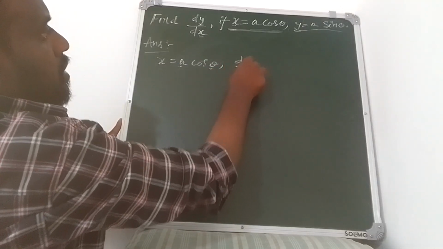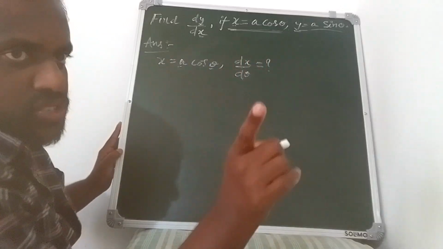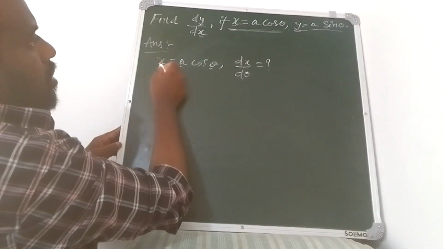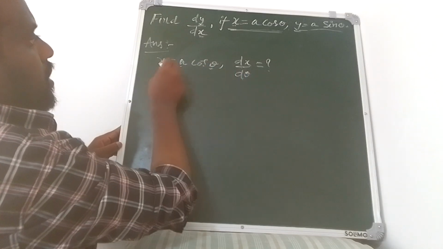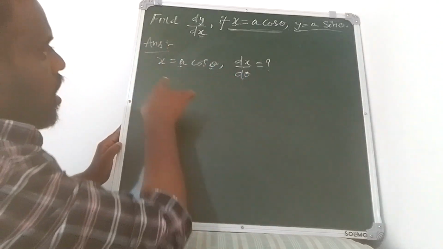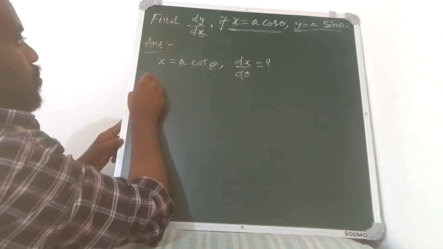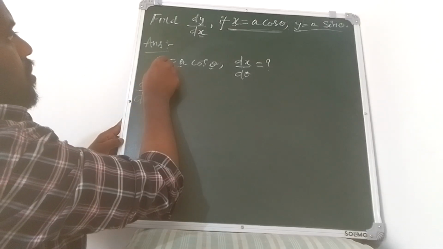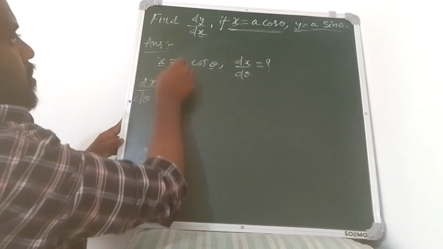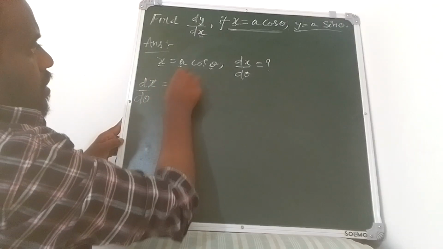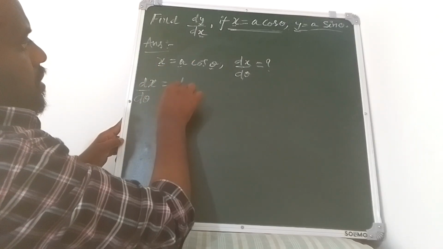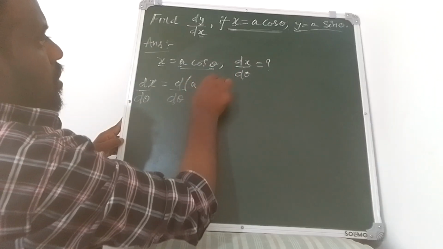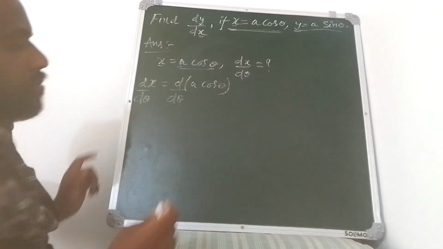Dx by d theta is equal to what first? Take d by d theta on both sides of this equation. So d by d theta of this x equals d by d theta of this whole thing, a cos theta.